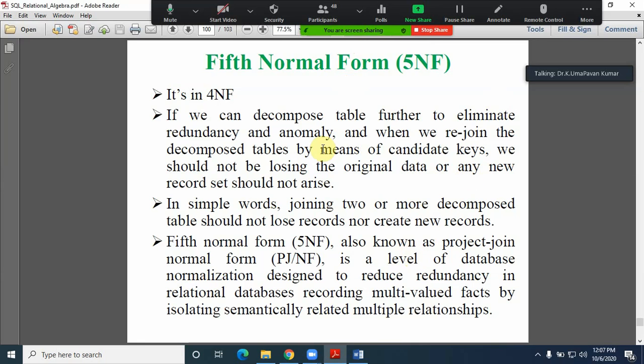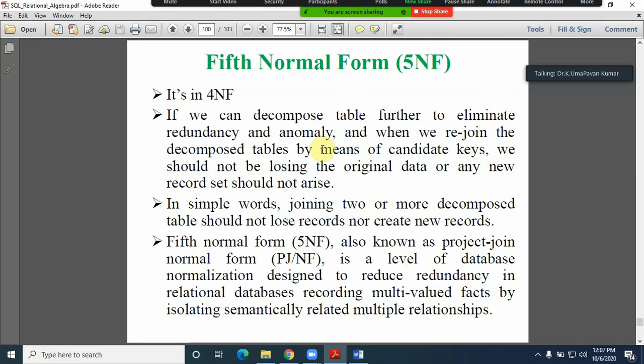Okay. So if I am observing these particular aspects, friends, the fifth normal form, also known as project join normal form, is a level of database normalization designed to reduce redundancy in relational databases, recording multi-valued facts by isolating semantically related multiple relationships.